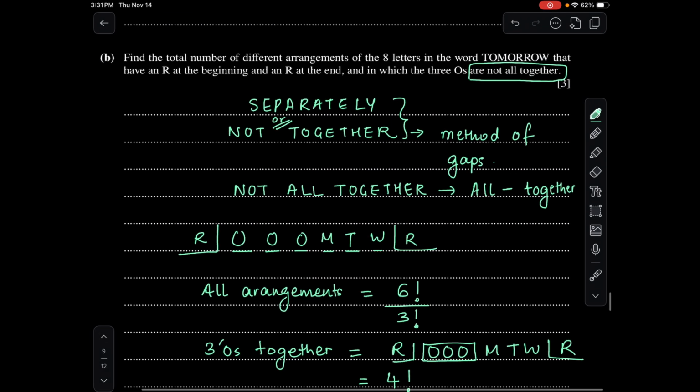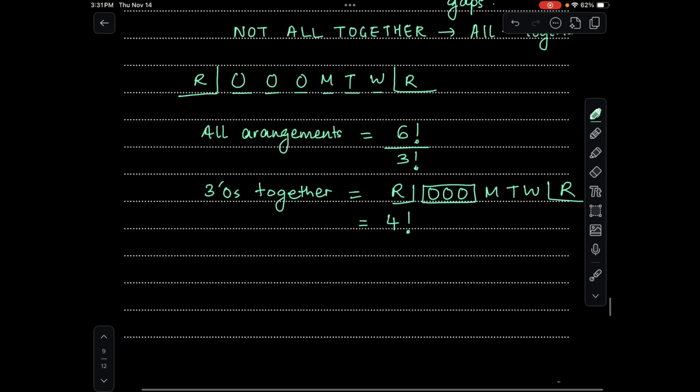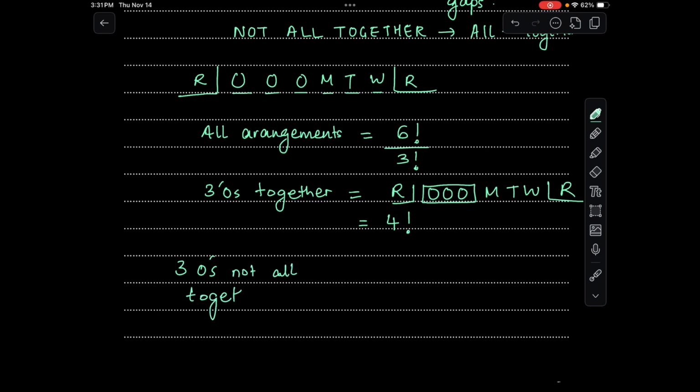So the final answer for the 3 O's not all together would be 6 factorial divided by 3 factorial minus 4 factorial. That's equal to 96.